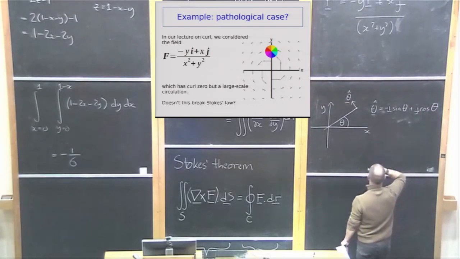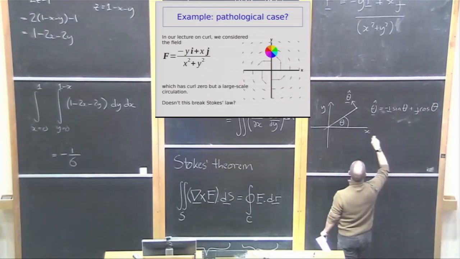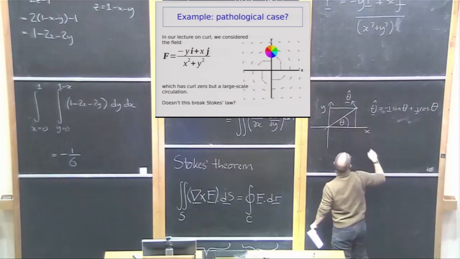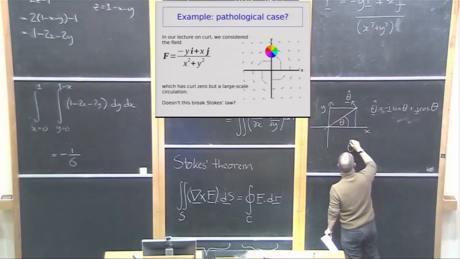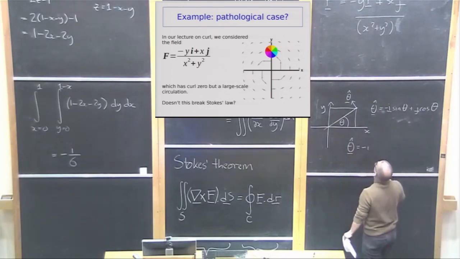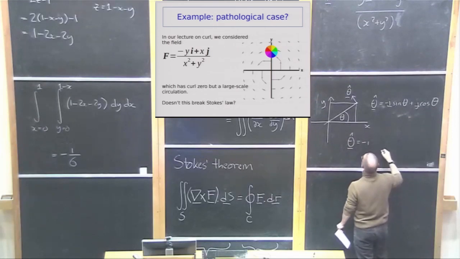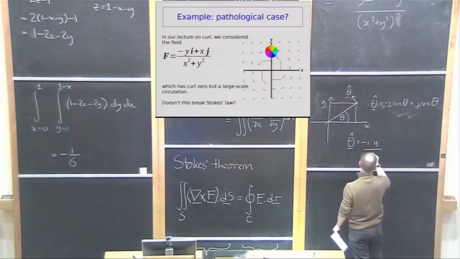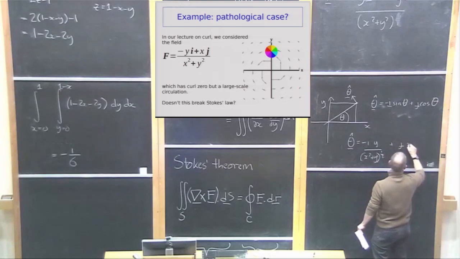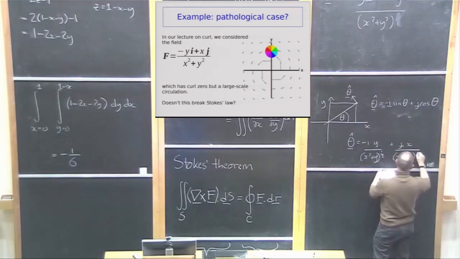And if I then look at the expressions for sine theta and cos theta in terms of the x and y plane here, then I see that my unit vector here is minus i, sine theta is opposite over hypotenuse, so that's y over x squared plus y squared to the half, and that's plus jx over x squared plus y squared to the half.